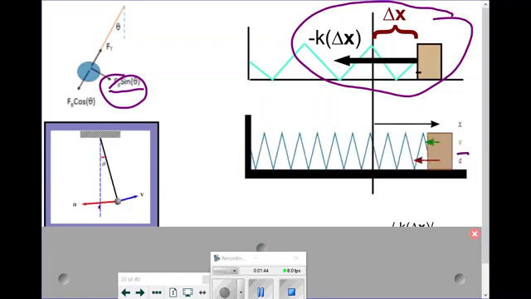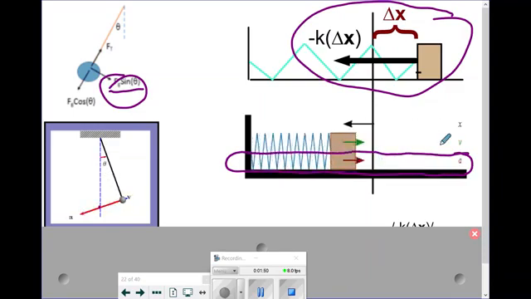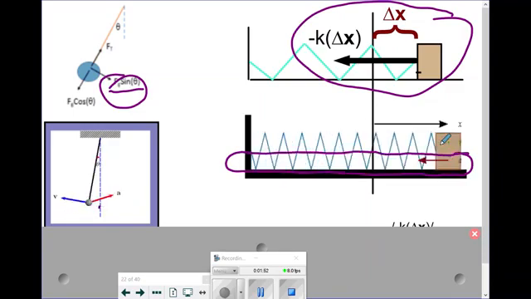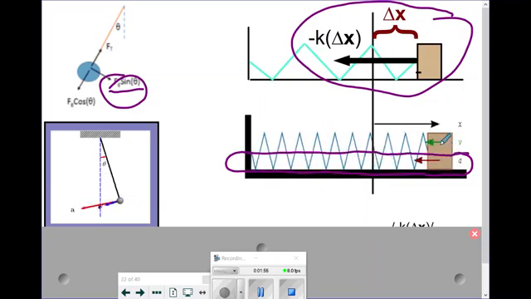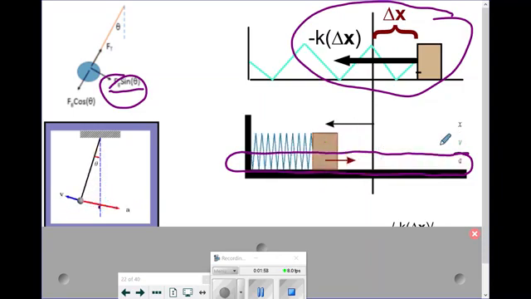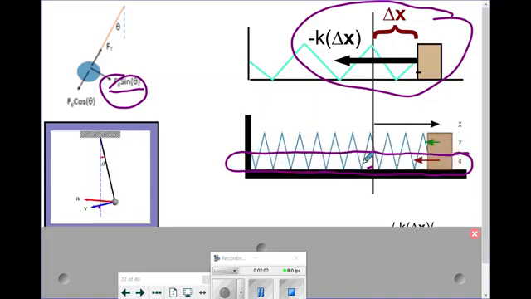But for a spring, the acceleration never changes its direction in the point that it only points to the center of motion, the equilibrium position. The acceleration vector also disappears at the equilibrium position because there is no net force at that point.